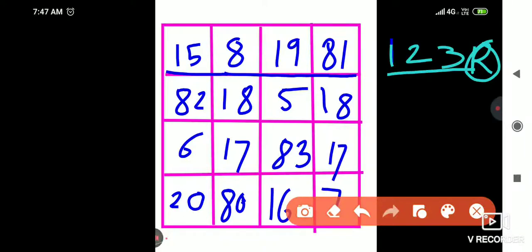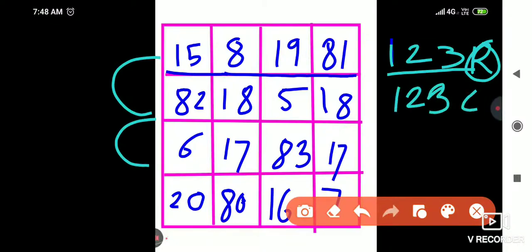Now if I add 15 plus 82, that is 97, plus 6 is 103, and 103 plus 20 is 123. The addition of the vertical columns is also 123.